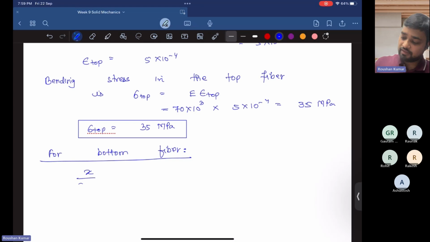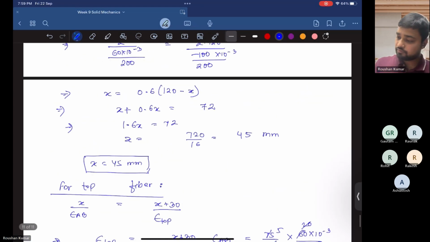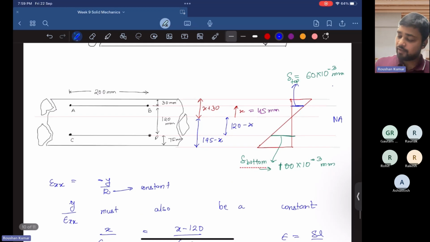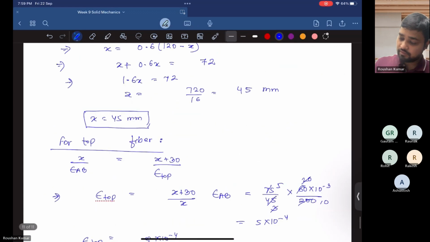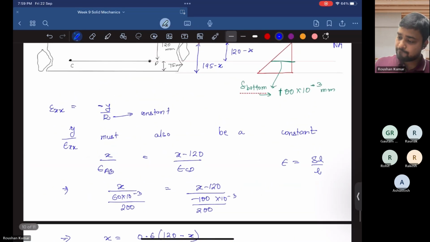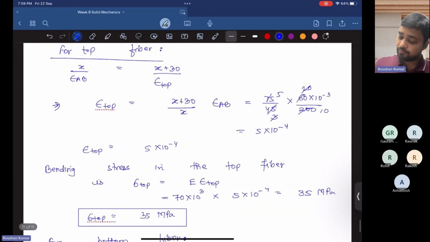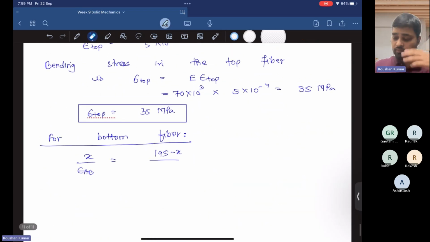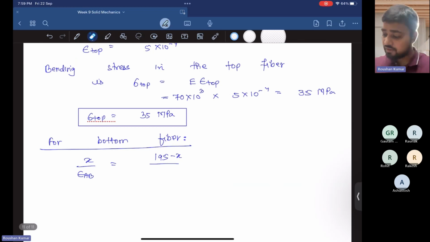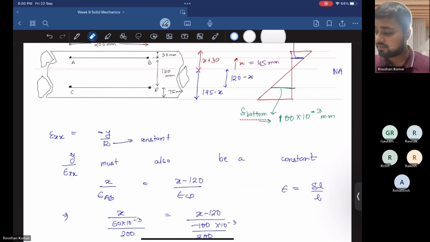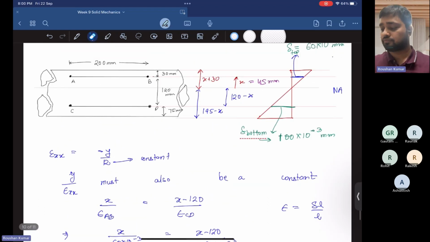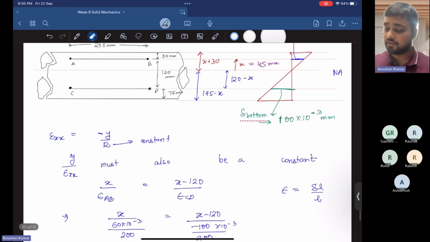So x upon epsilon AB equal to minus of, so this distance is x, right, and this is 195 minus x, and this is in the downward direction.